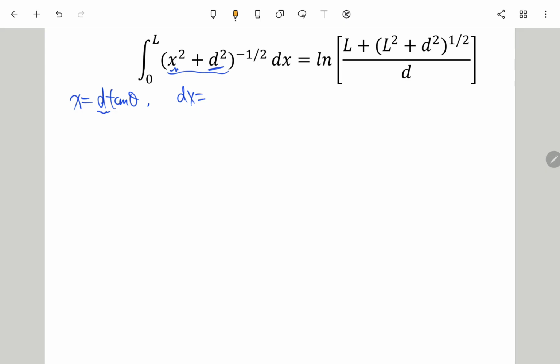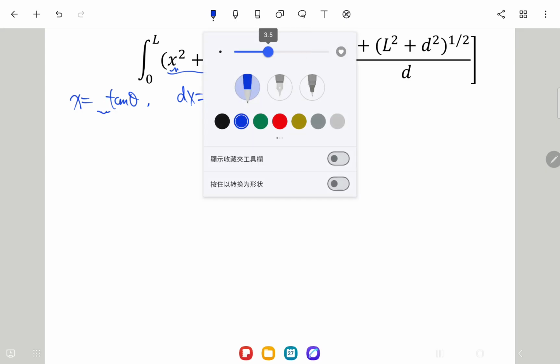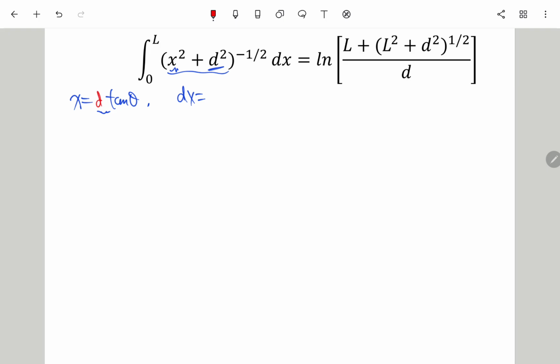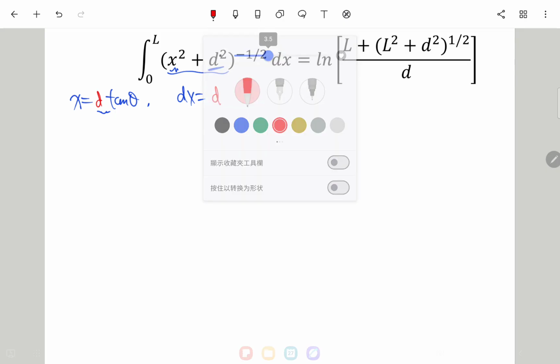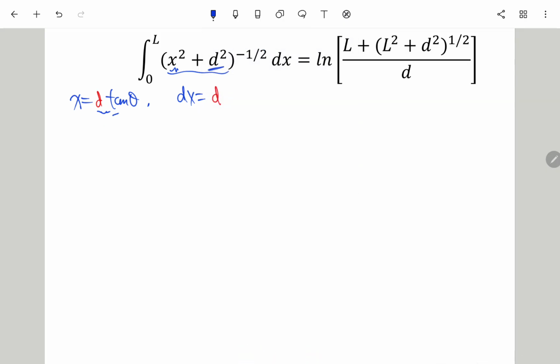This d is the length, so try not to mix it up with the other one. Here we still have this d in front, but take the derivative of tangent theta. Tangent theta is a variable, so we have secant squared theta d theta.